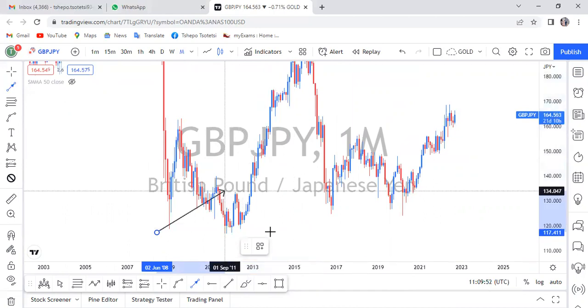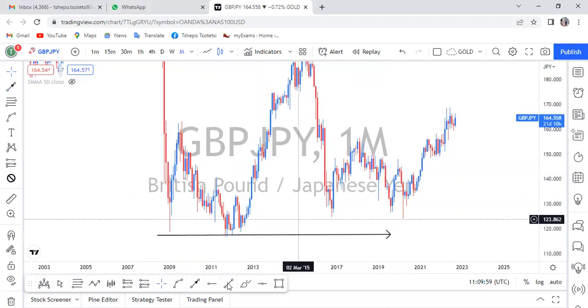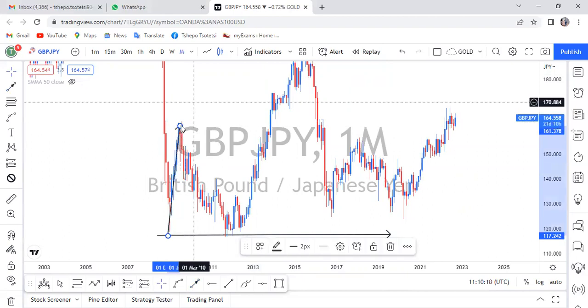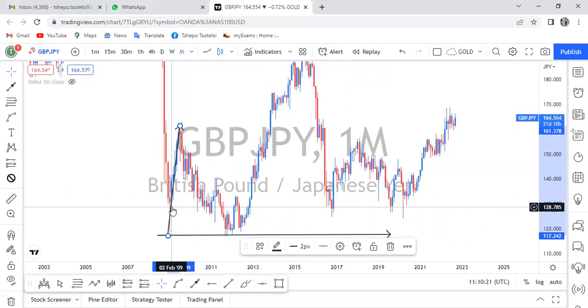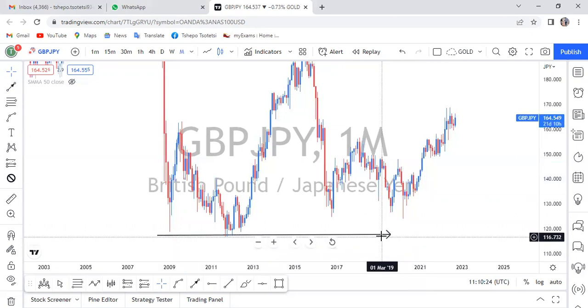This is what we call a support level, because price is supported to bounce up. That's why we say it's support, because price is supported to move up. When price gets to this level, it changes direction.